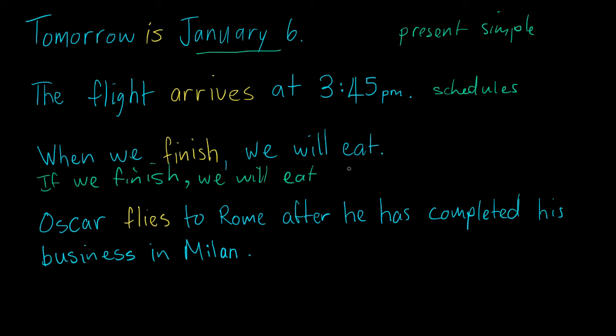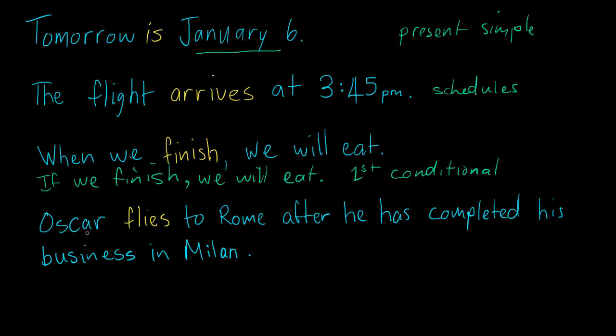If you know your conditionals at all, you'll see that that is actually, I believe, a first conditional. So we can use the present simple in time clauses, and also in the first conditional we can also use the present simple to talk about what would happen in the future.